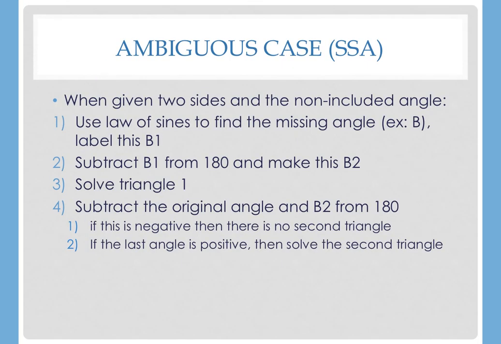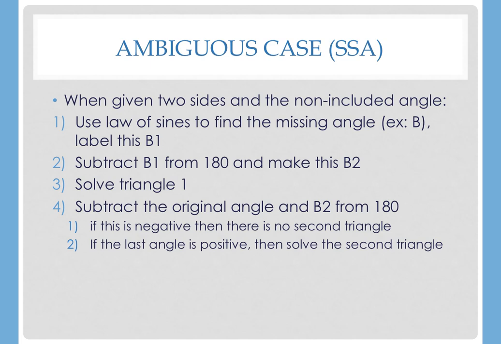So this is kind of a step-by-step. When you're given 2 sides and the non-included angle, you're going to use the law of sines to find the first missing angle. And we're going to call that whatever variable 1. So if we find A, then it's A1. If we find B, it's B1. If we find C, it's C1.